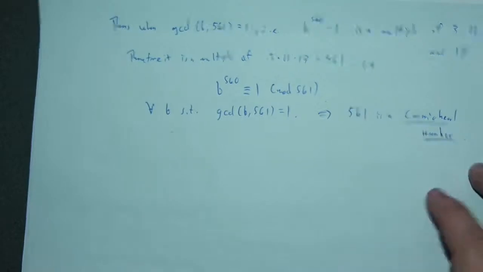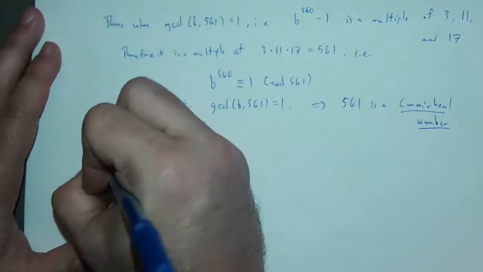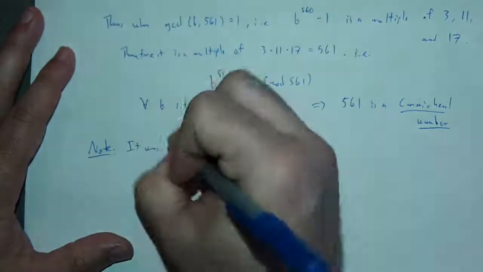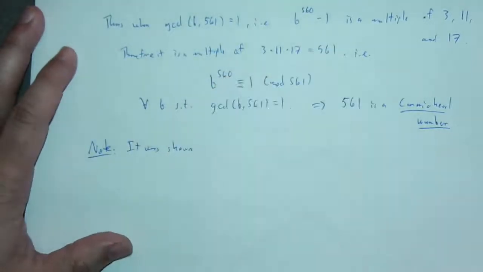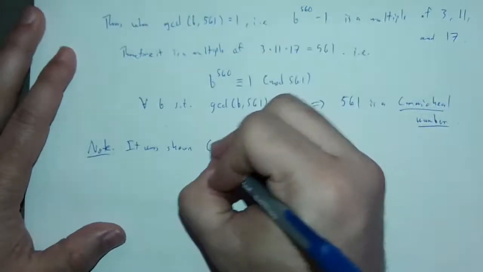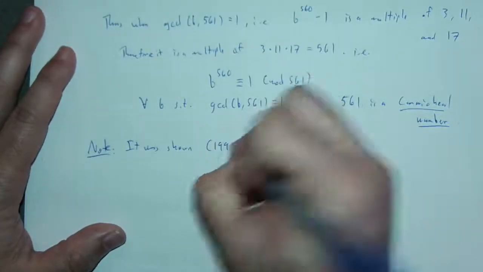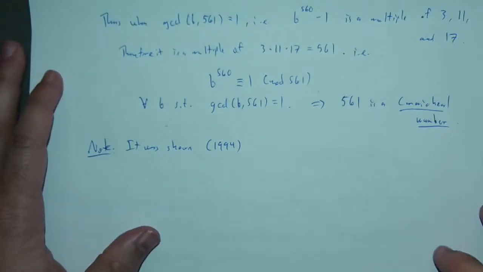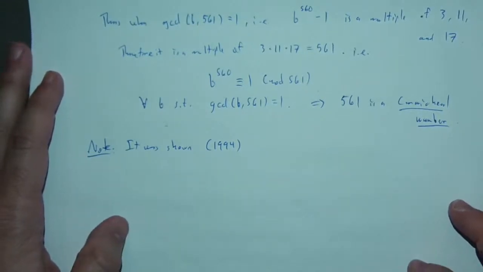Okay. So, note, it was shown in 1994, so pretty recently. In math, anything in the last 40 years is like mega recent. That's our metric for how recent something is.